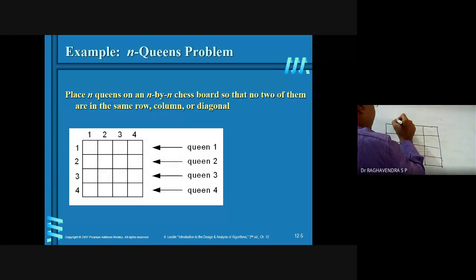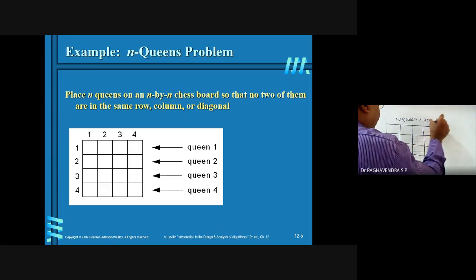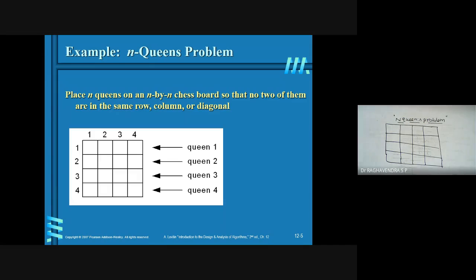So this is called the N Queen problem. So how to solve this problem? So let us find out.